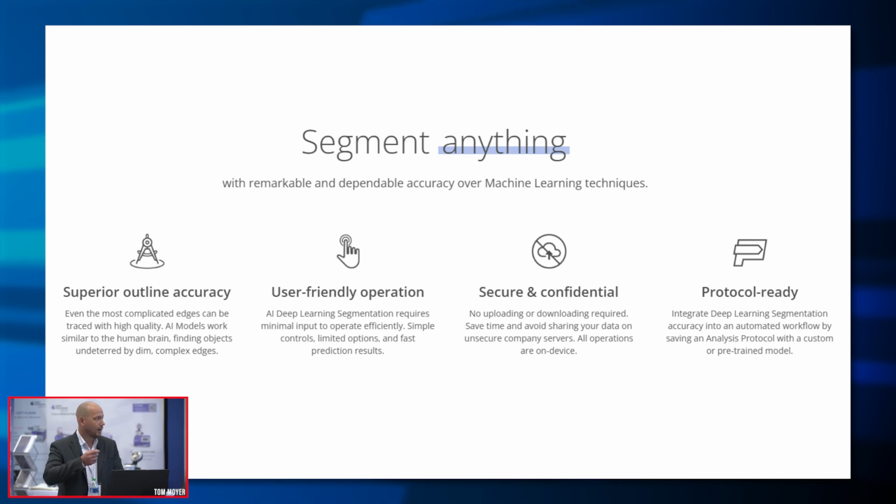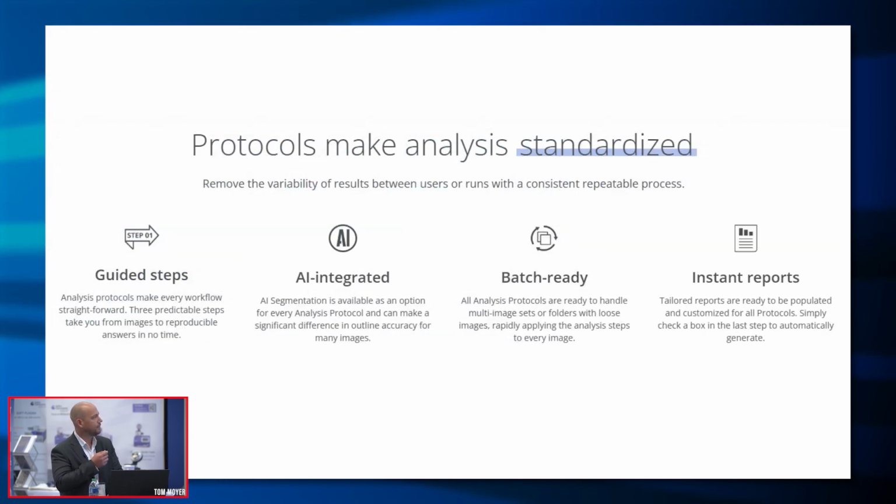It's actually very complex to integrate things to have them work in a simplistic way. And then protocols to tie everything together to offer a very streamlined, simple, easy to use analysis process for various applications.